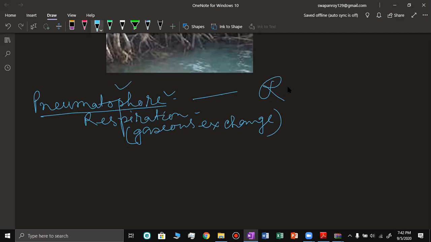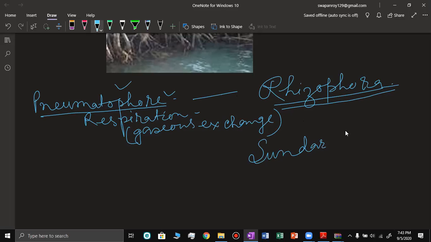A very common one is Rhizophora. This is also growing in the tidal zone in the West Bengal Sundarban, and in many other places.